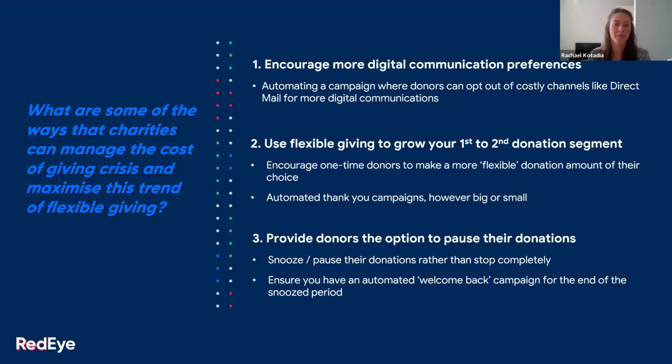And obviously remember with that as well, one key automated campaign is a thank you campaign. It's extremely important. However big or small they have decided to donate, it's vital that campaign is in place, as that's really key to developing those feel good factor emotions.